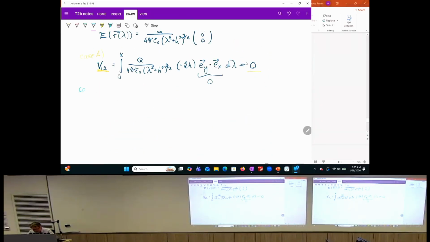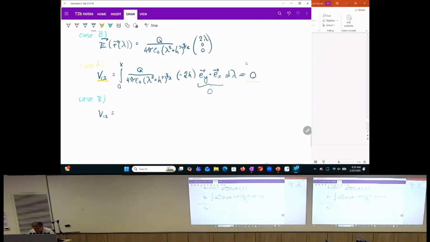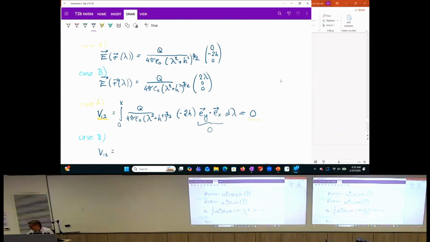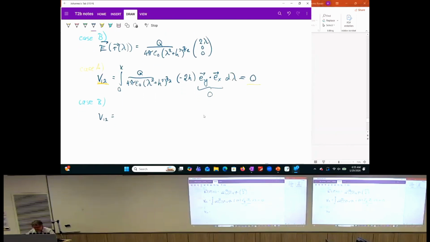So now let's look at case B. Same procedure. We use the electric field this time from here. Insert that into the integral. It runs from 0 to x. It is q over 4 pi epsilon naught, lambda square plus h square, everything to the power of 3/2. Then here we only have the x component, so this is times 2 lambda times Ex.